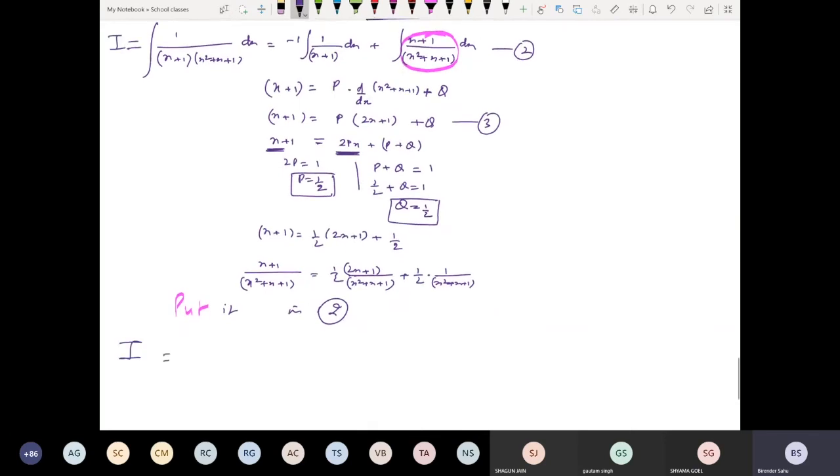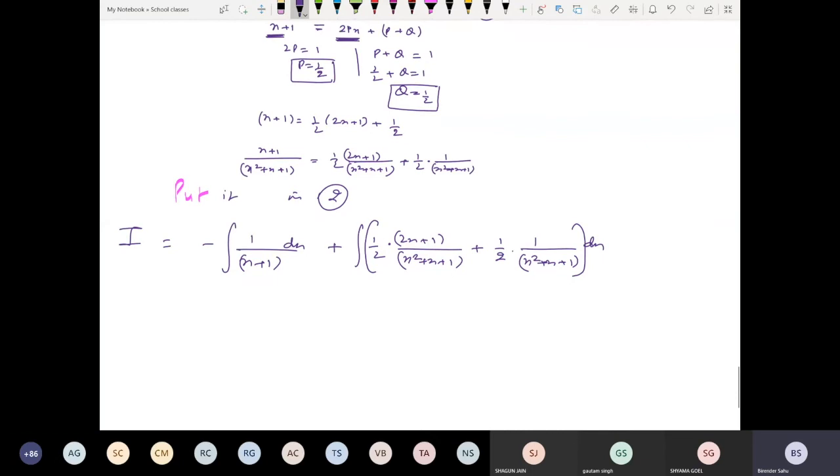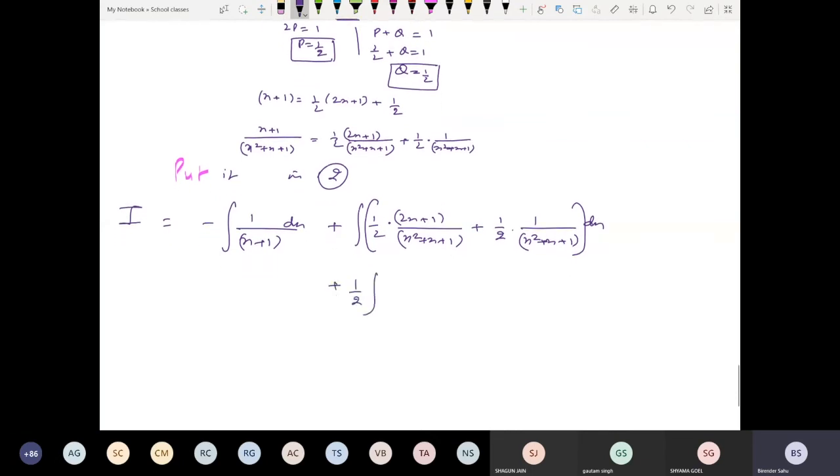Let it be I. So I equals to integration of 1 over x plus 1 dx, plus integration of half into 2x plus 1 over x square plus x plus 1 plus half into 1 over x square plus x plus 1. Okay, we can separate this. Plus half integration of 1 over x square plus x plus 1.